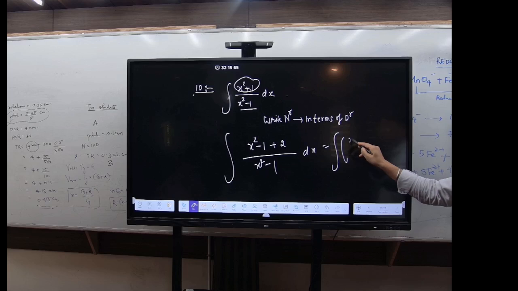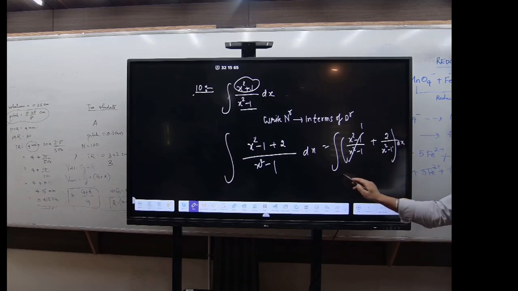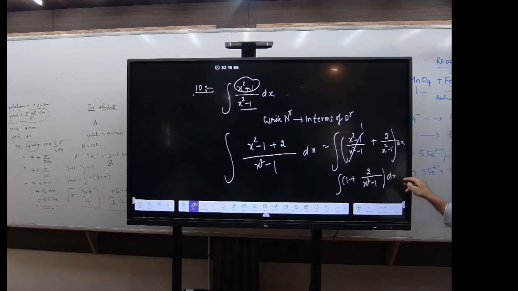This can be written as x square minus 1 plus 2 by x square minus 1 dx. Now this gets cancelled. What am I left with? 1 plus 2 divided by x square minus 1 dx.